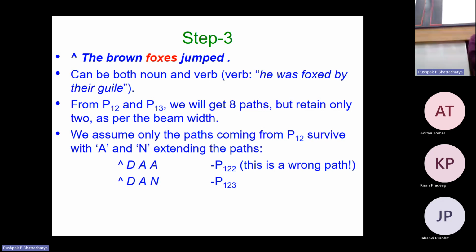We assume only the paths coming from P12 survive, with A and N extending the paths. So D A A, this is the wrong path, and D A N, which will likely be the winner going forward. Okay, so we have got the brown foxes, which is determiner, adjective, and noun.